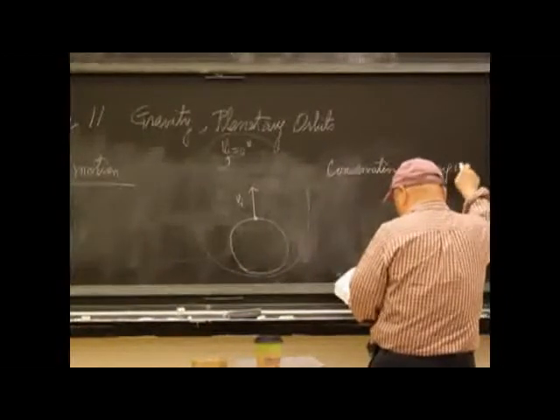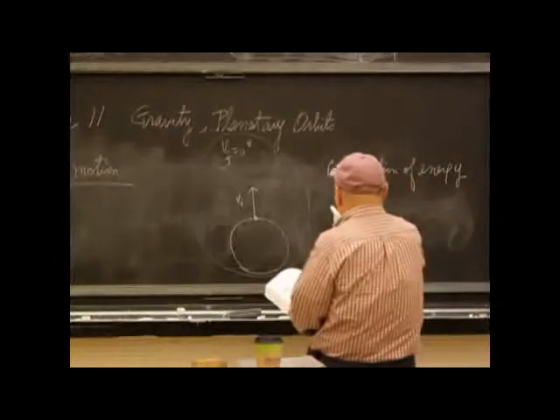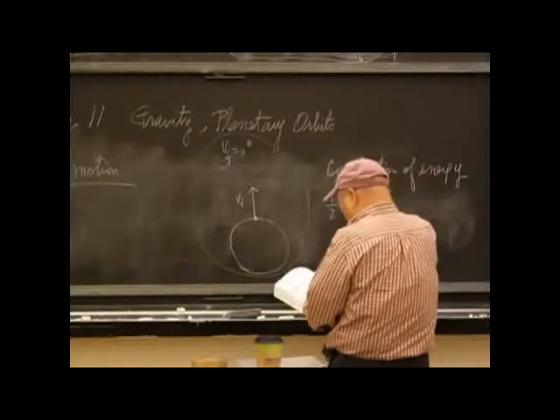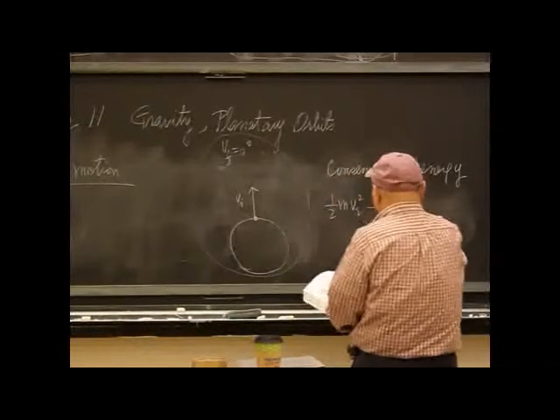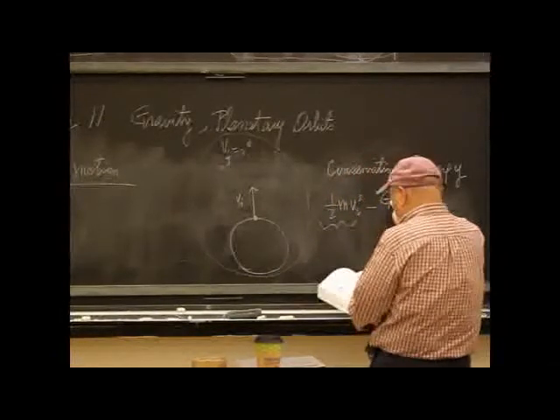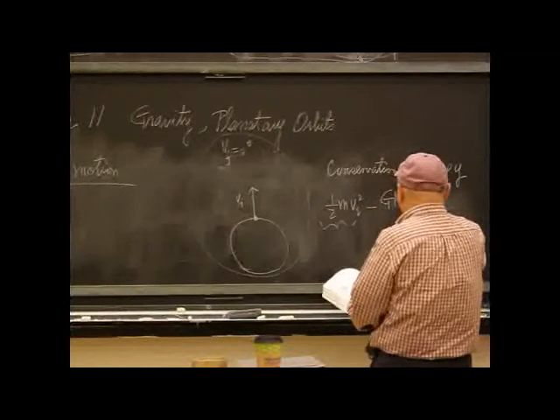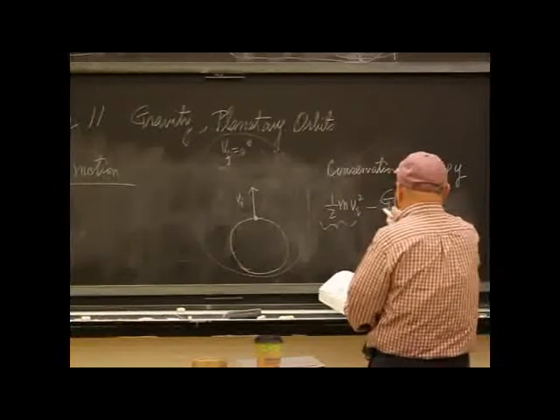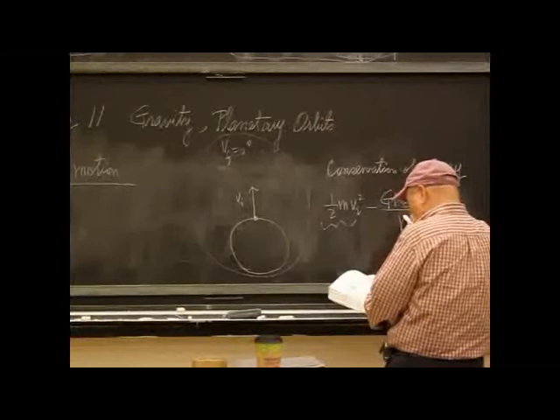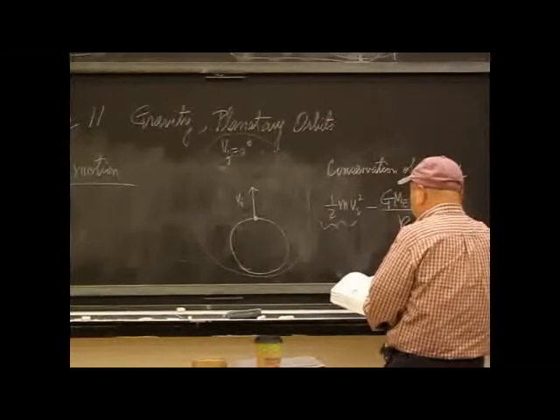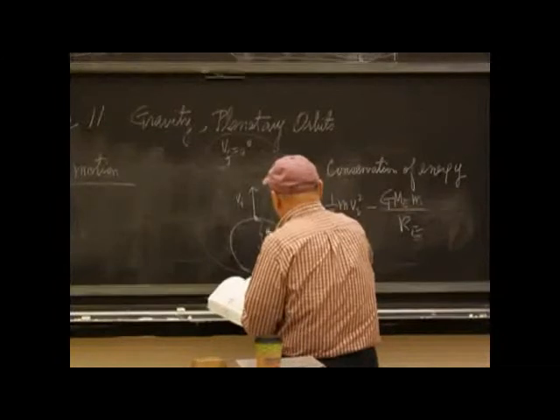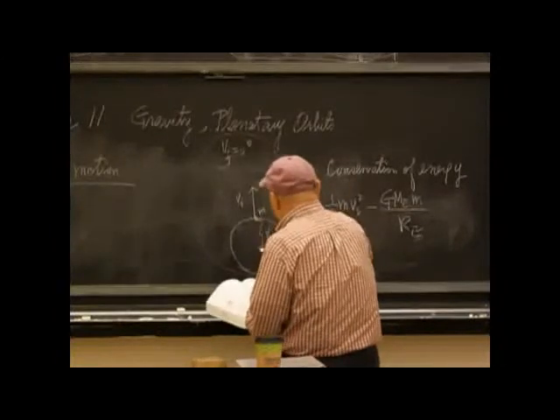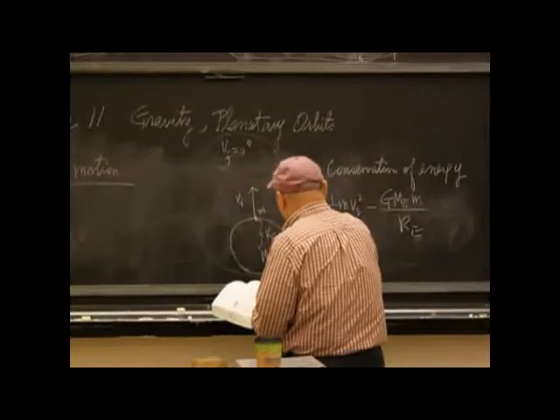Then you will have one half m v_i squared minus G M_E m divided by R_E, where R_E is here, this one is M, and this one is M_E.